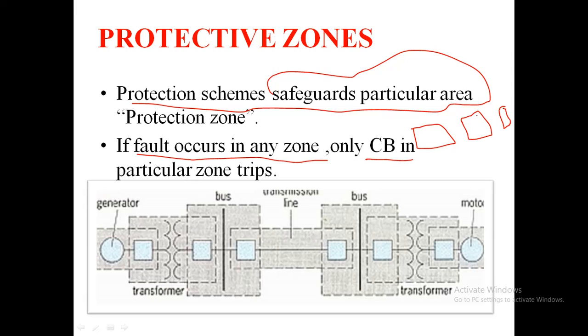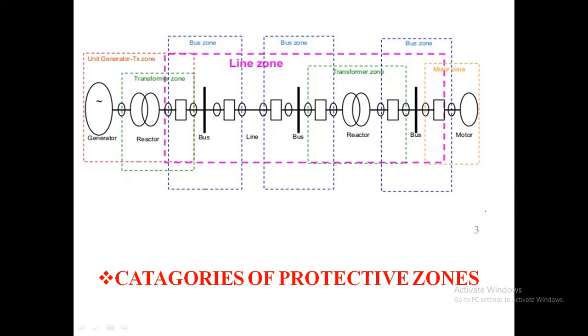Where the fault occurs, the circuit breaker of that particular zone will be tripped off. From the circuit diagram, this is your generator, transformer, bus, transmission line and motor. These are the components used in protective zones.